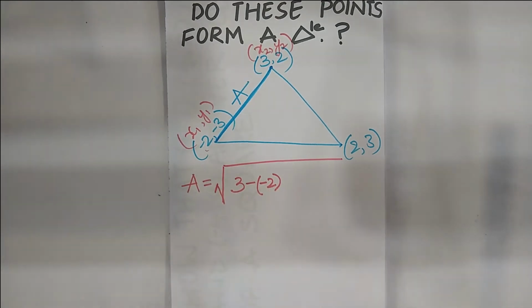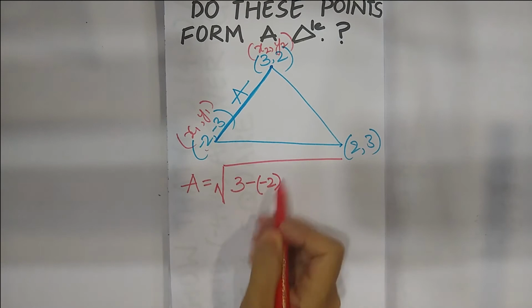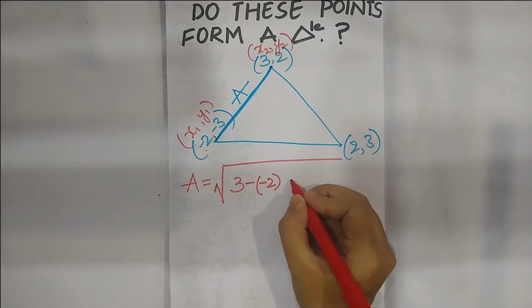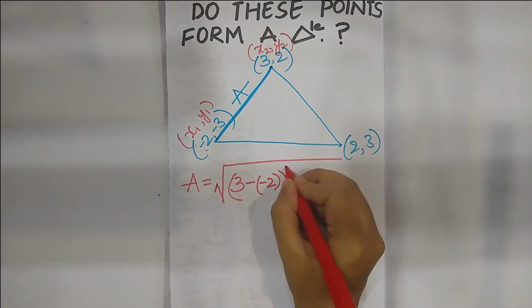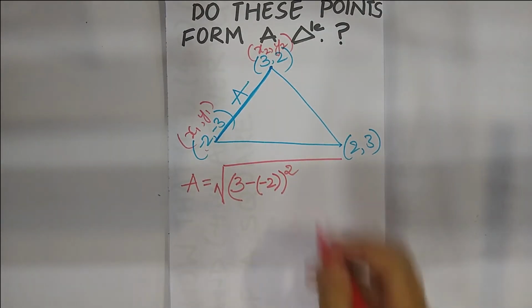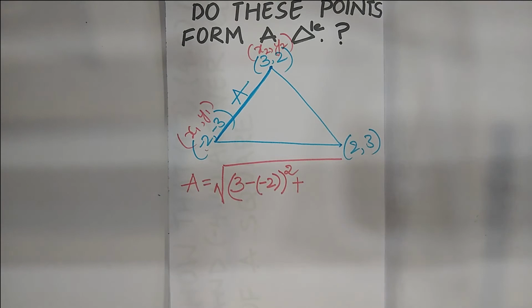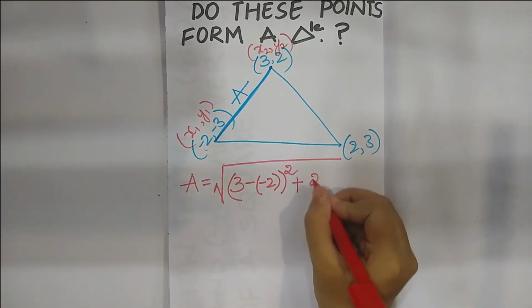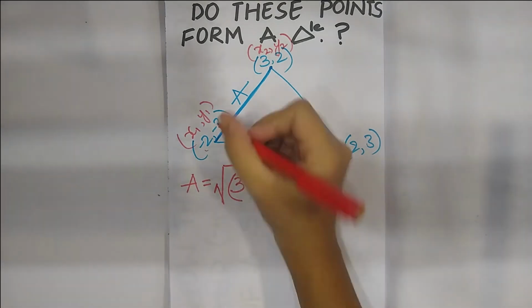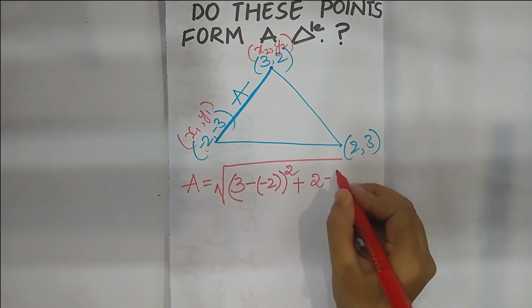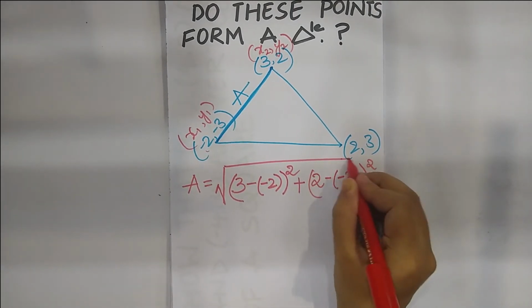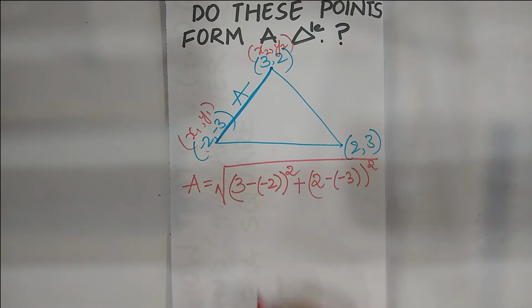So 3 minus of -2. Alright. So we are done with x2 minus x1, the whole square. What is the formula next? Plus y2 minus y1, right? So what is y2 here? 2 minus y1, and y1 is -3. The whole square. These are all under the square root.